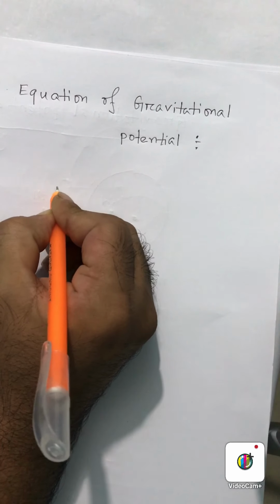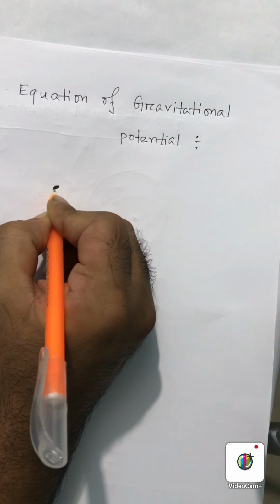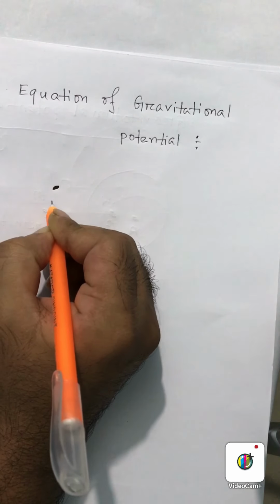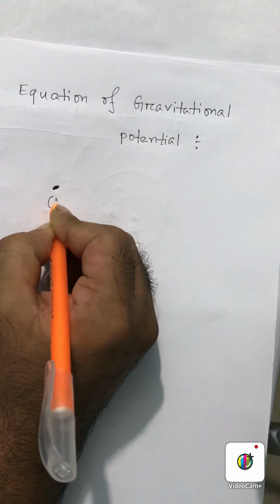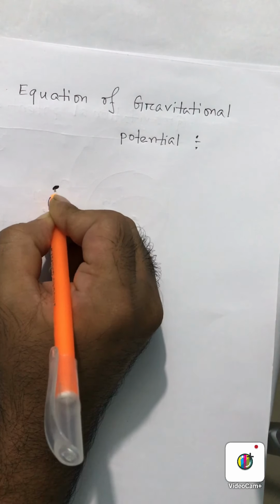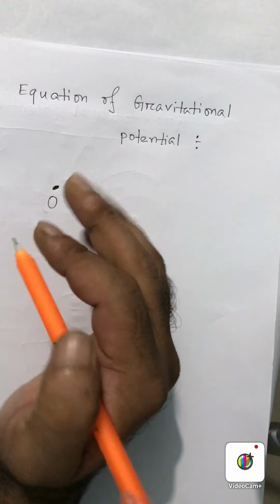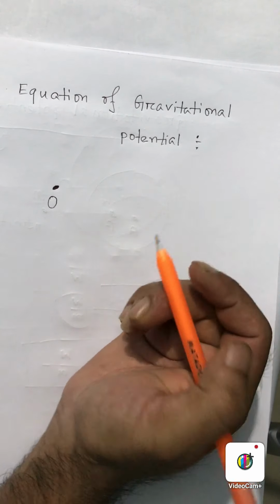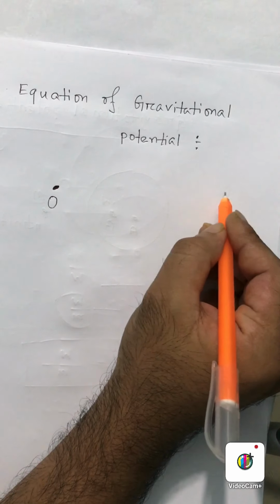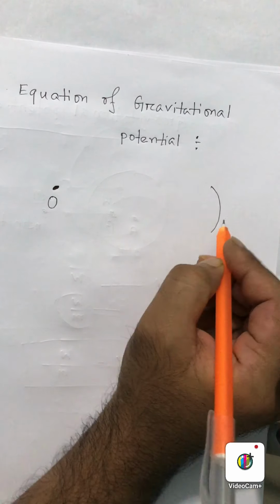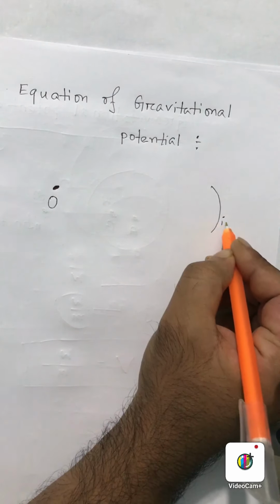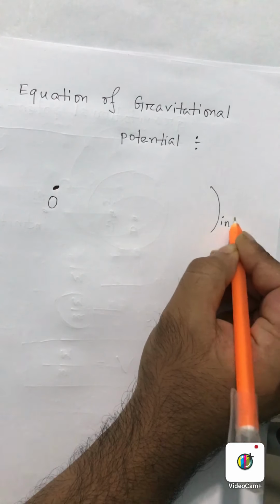A point object is placed at the point O, and the gravitational field of this object extends up to infinite distance. Assume this is the infinite distance.